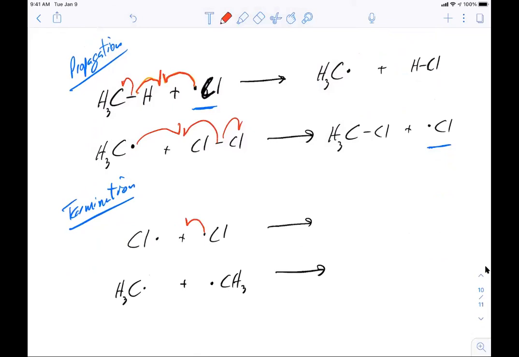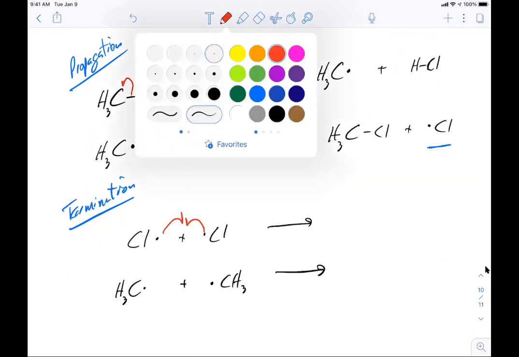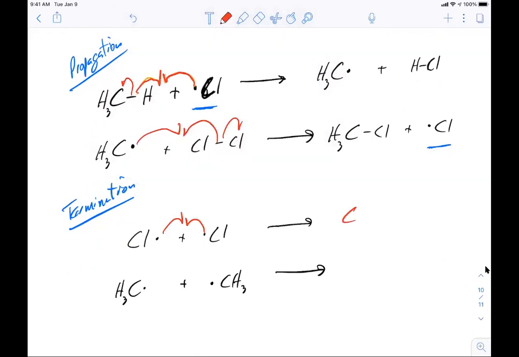What's happening in termination is two radicals reacting with each other to terminate the radical process.